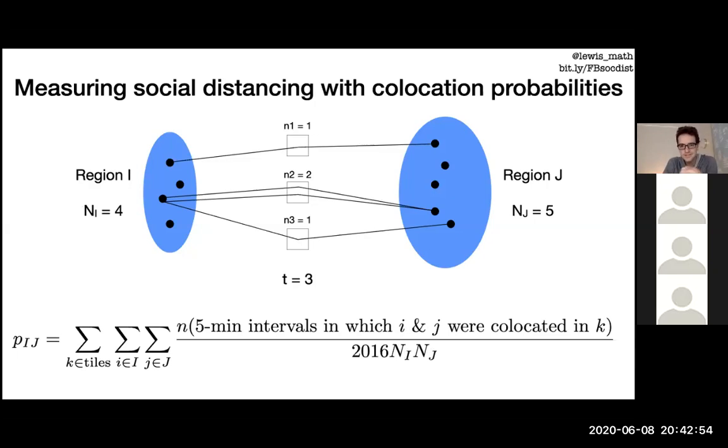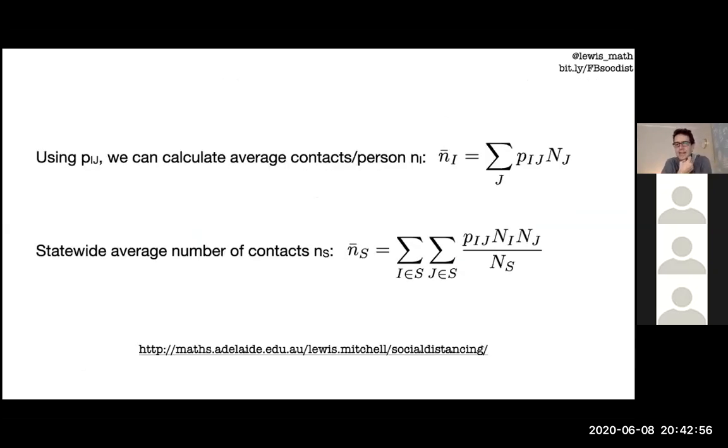Once I know what that is, I can reverse engineer it using basic math that I learnt in my applied probability and statistics course, to calculate a measure of the average number of contacts per person.